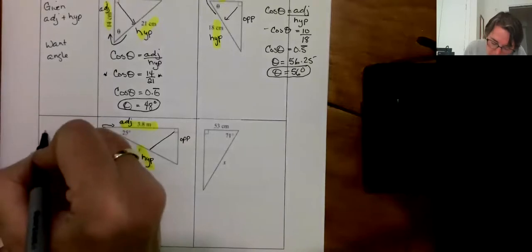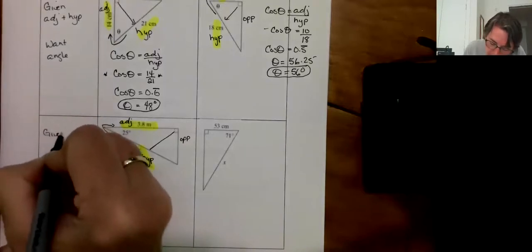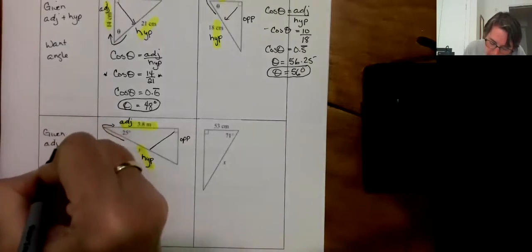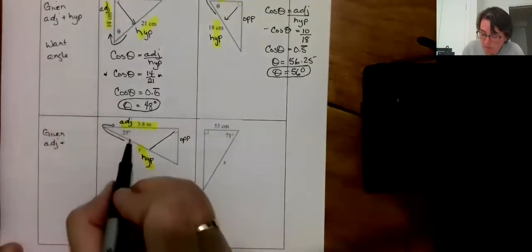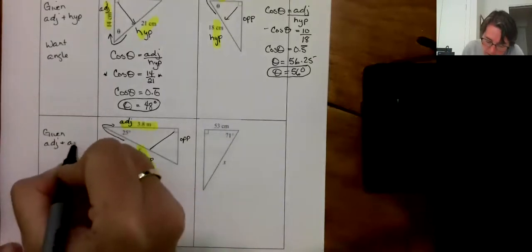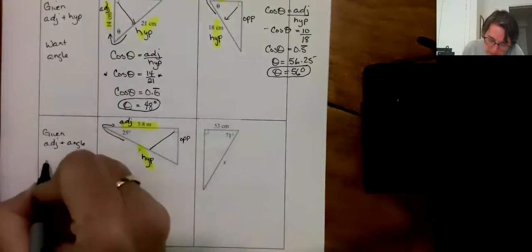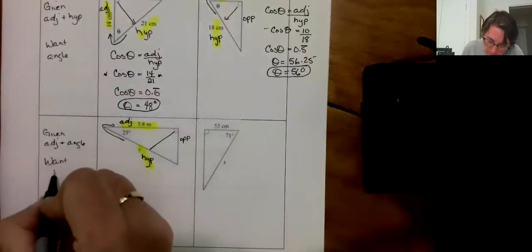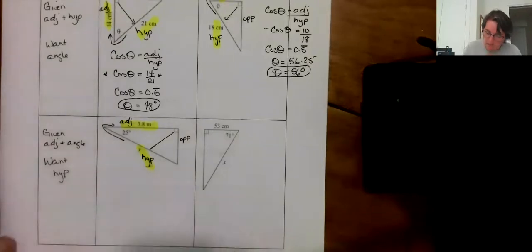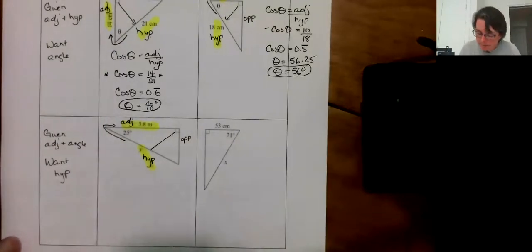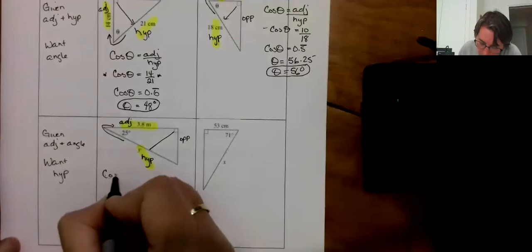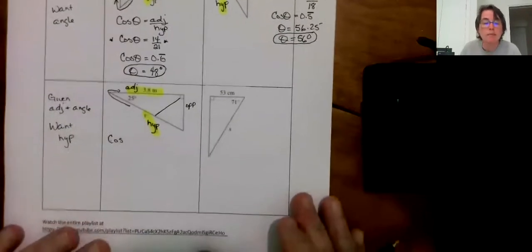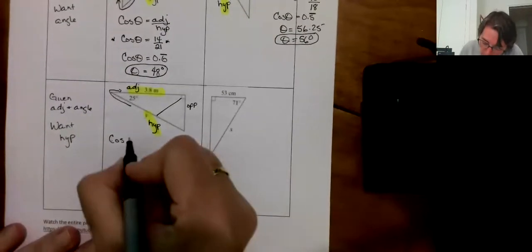Let's put it over here. Given adjacent, and what do we have? Oh, we are given the angle. And now we're supposed to find the hypotenuse. So you want hypotenuse. Okie dokie. Bring the paper so you can see better. Cos theta.